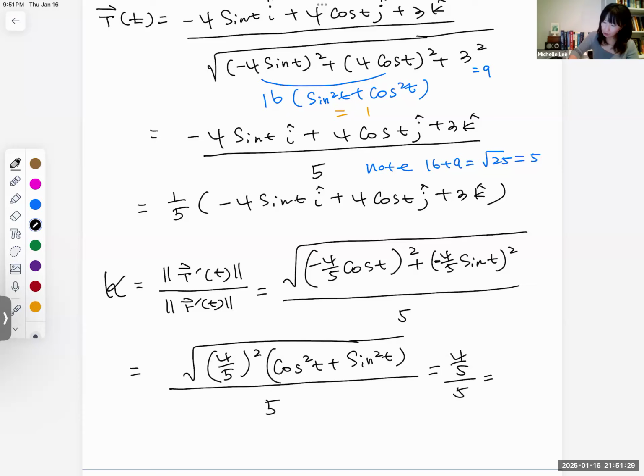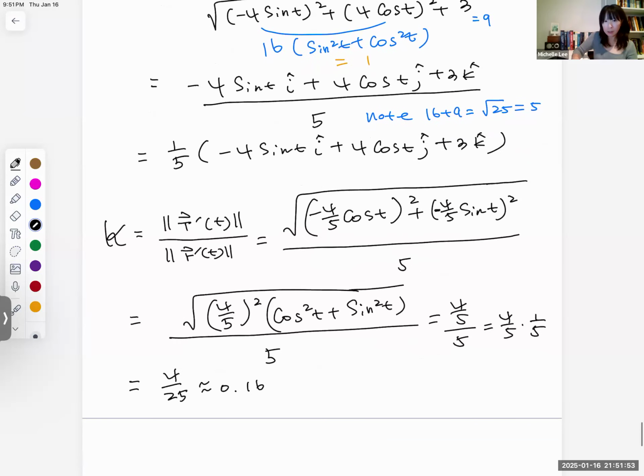Yeah. So that would be 1 over 5. Yeah. Which is 4 over 25. Approximately 0.16. You cannot see? Yeah. Is it okay? All right.